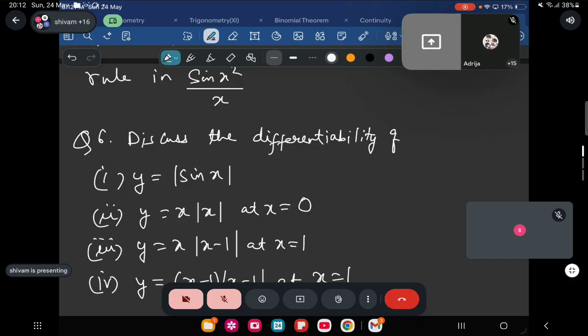Part 3 is correct. Part 2 and part 3. Yes, anyone else? Is it done? First one, show. Sin x equal to 0, x equal to 0.